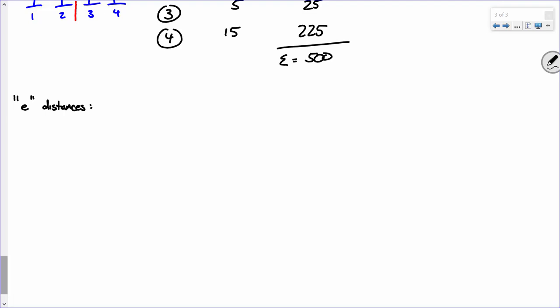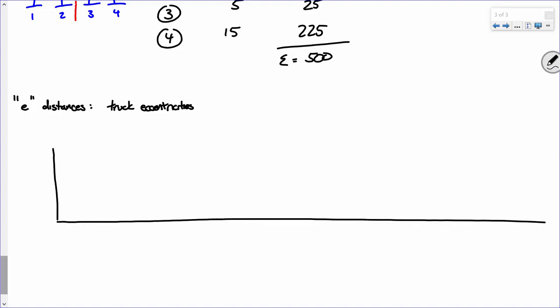Now, these E distances are basically the truck eccentricities. So what do I mean by that? Okay. So let's see. Bear with me. I'm going to do my best to be artistic.